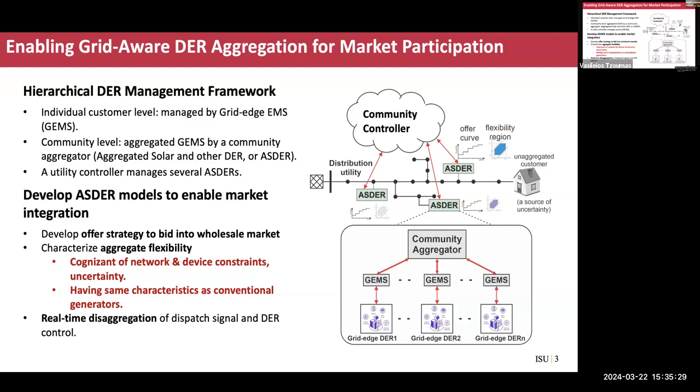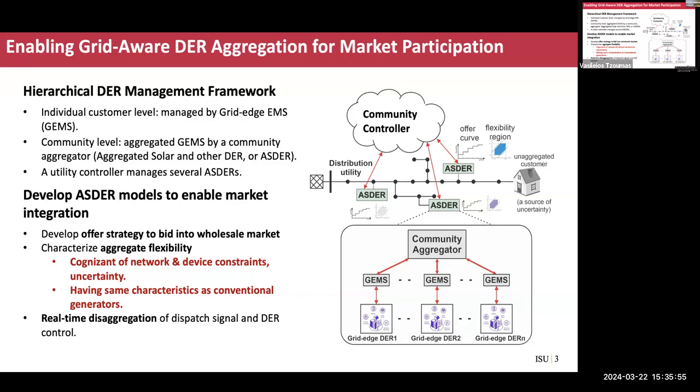In this problem, we identify three problems. First, we want to identify for each aggregator, which we call aggregated solar and other DERs, etcetera, that when these aggregated devices participate in the wholesale market, the capacity market, they need to submit their cost curve.